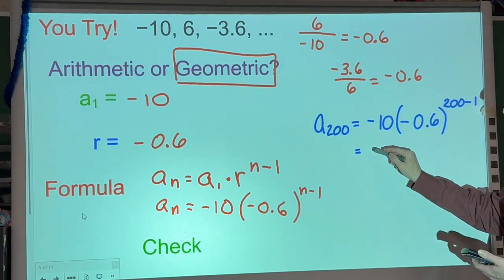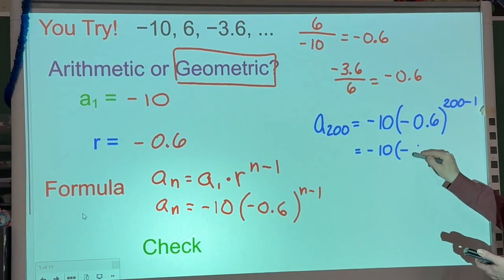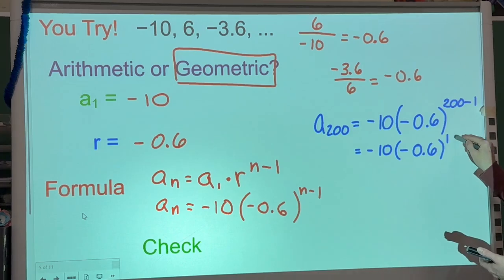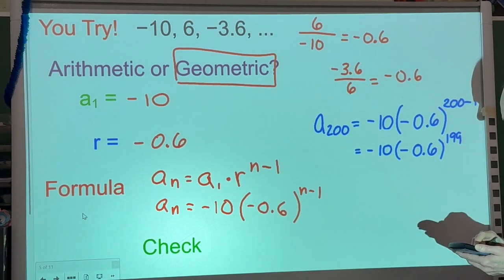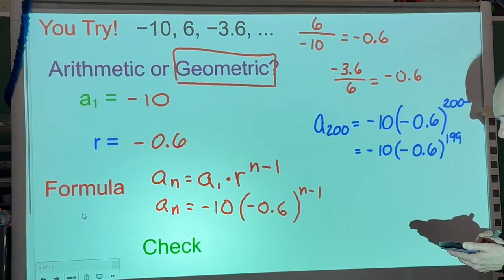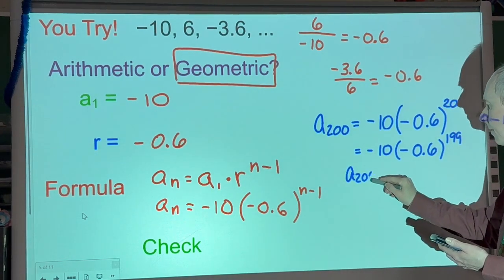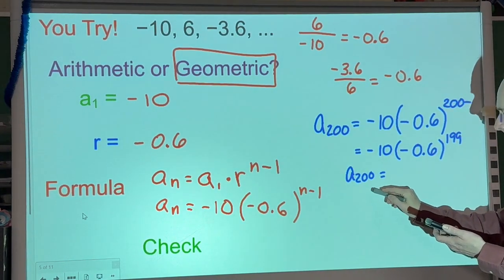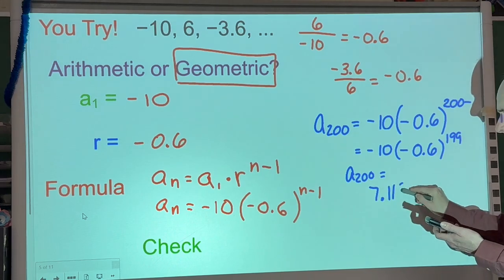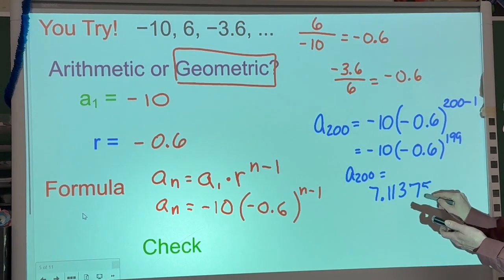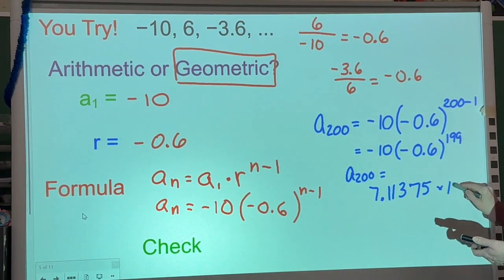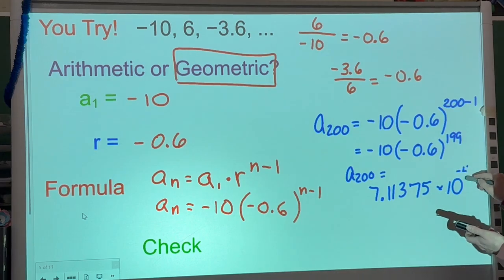Hopefully when you put it in your calculator, you did an exponent of 199. Oh my goodness, what is that? Well, that is a huge number. 7.11375 times 10 to the -44th power.